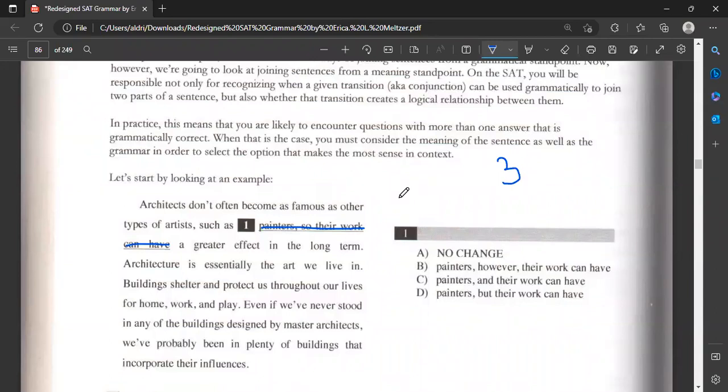And then the other type of transition is called contradicting. So those that are contradictory. I can say, he appears to be a very well-behaved boy. However, he always gets in trouble with the principal. All right.